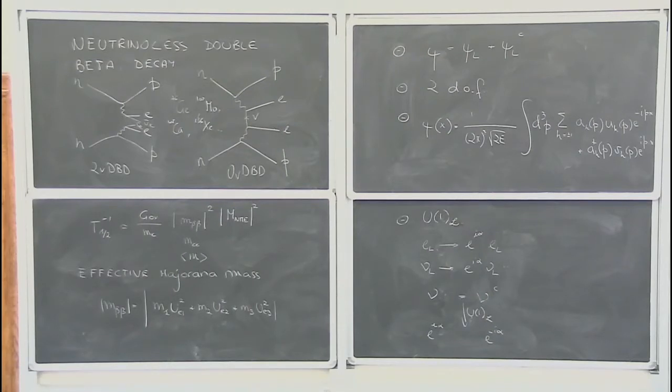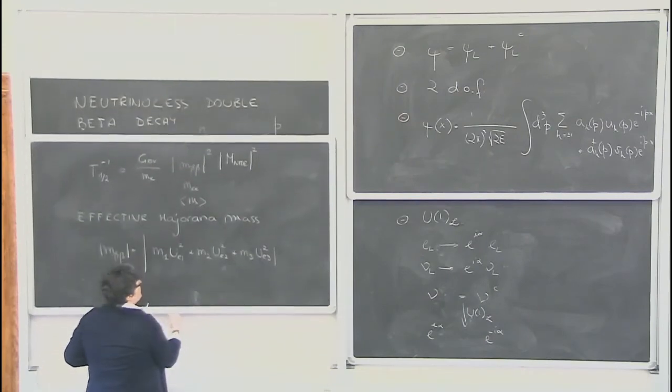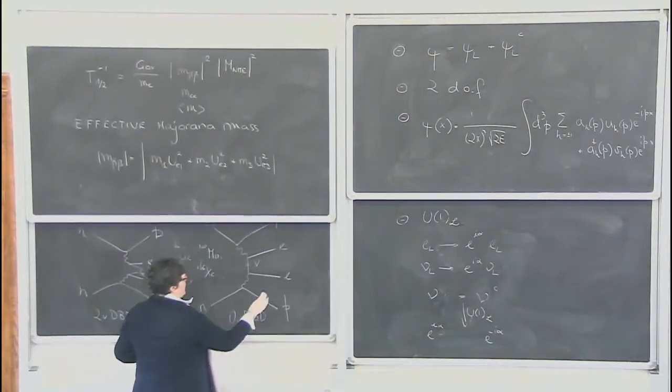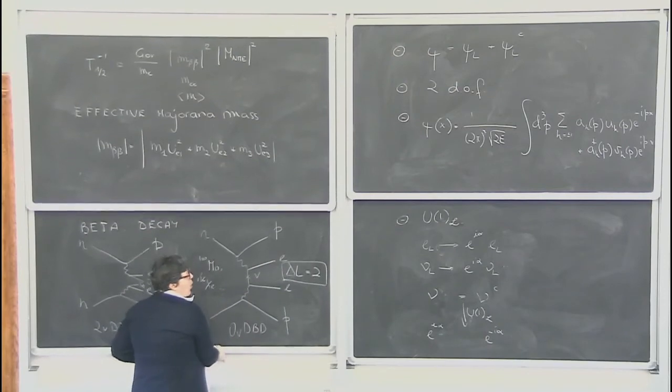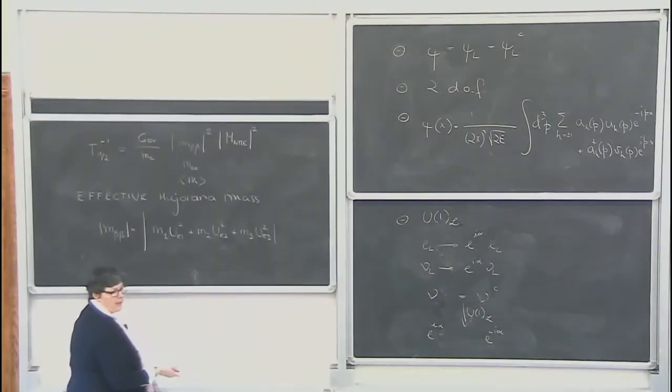This makes sense from a physics point of view, because this process happens only if neutrinos are Majorana particles. It violates lepton number by 2 units. Maybe I should stress this further. This is a ΔL equal to 2 process, so it can happen only in the presence of lepton number violation.